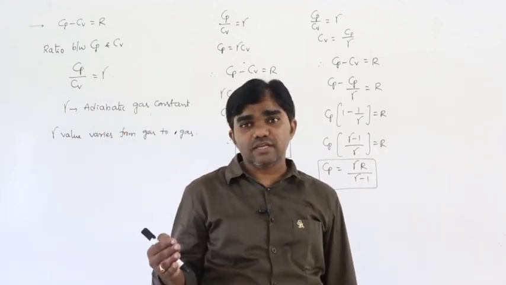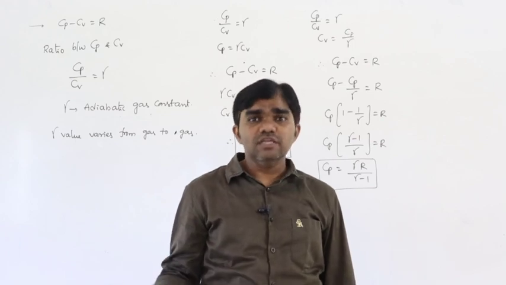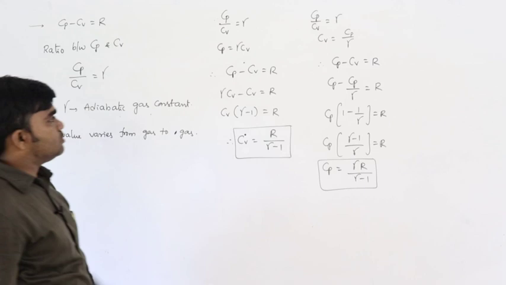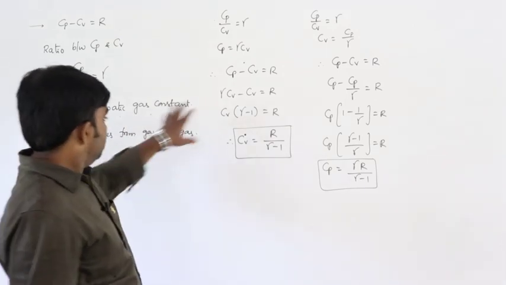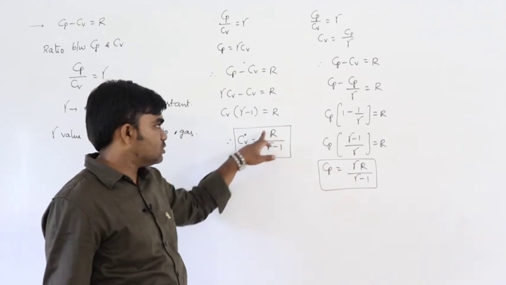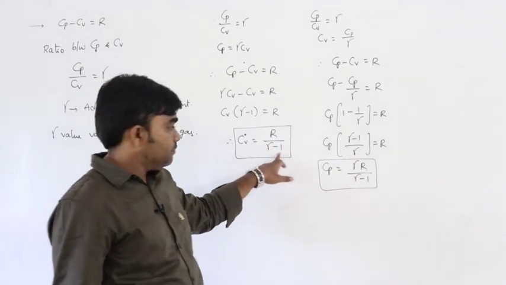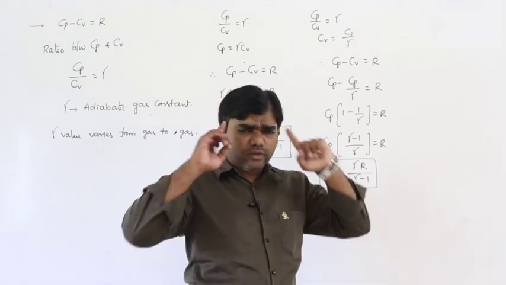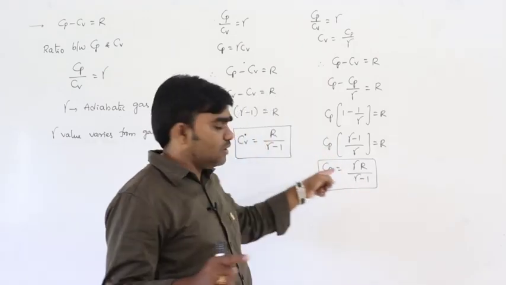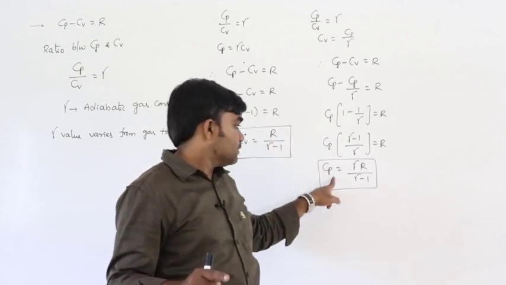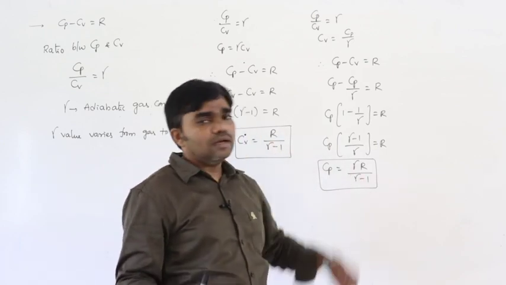For different types of gases, the value of gamma changes. Based on this we derived the values: Cv is equal to R by gamma minus 1, and Cp is equal to gamma R by gamma minus 1. Without knowing the values directly, we can substitute these formulas.